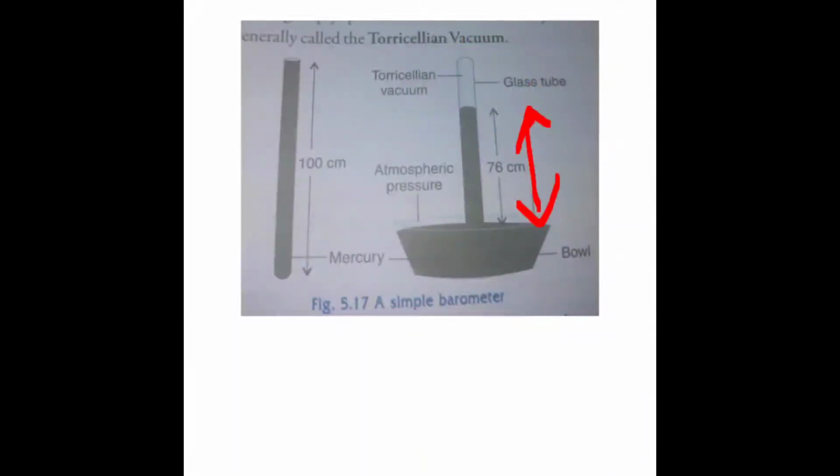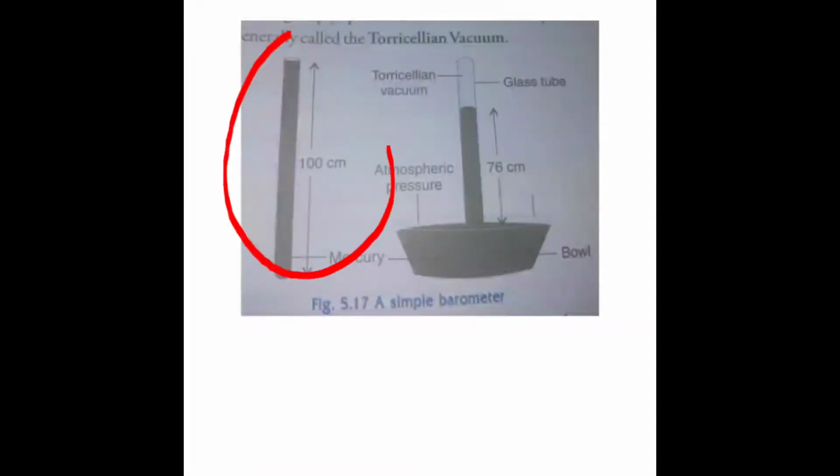Now there is a disadvantage: we cannot use this simple barometer everywhere, because there will be a problem in the setup. When the tube is filled with mercury and as soon as we invert it, there is a chance of getting impurity, that is the mercury mixing with air or vapor, right?